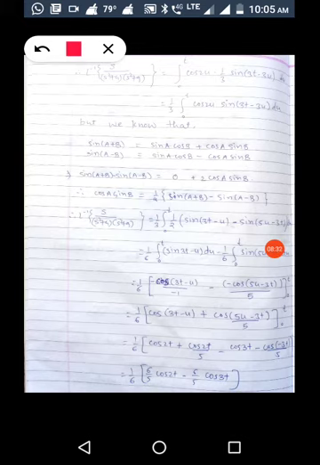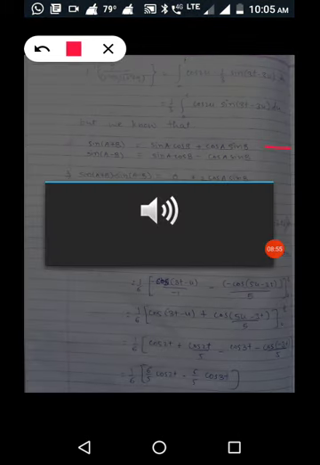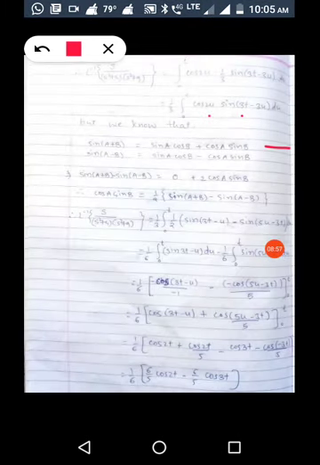So let me take 1 by 3 outside, and integral 0 to t is cos 2u sin 3(t minus u) du. But we know sin (a plus b) and sin (a minus b). What is sin (a plus b)? Sin (a plus b) is nothing but sin a cos b plus cos a sin b. Now sin (a minus b) is equal to sin a cos b minus cos a sin b, but we have here cos into sin.